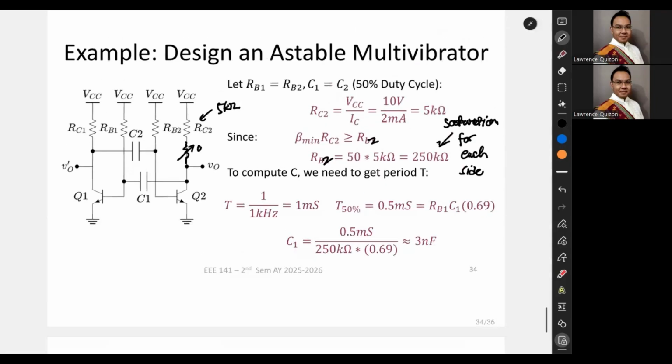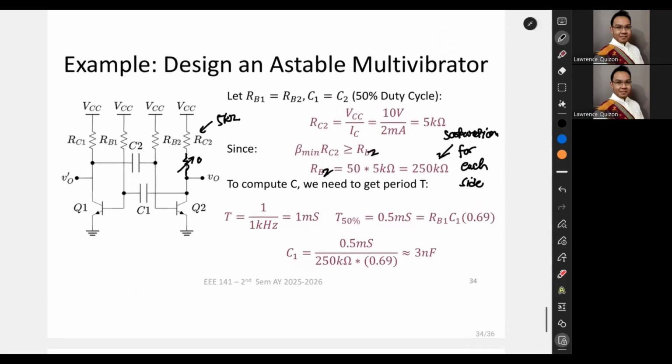Confirming, we find that half of the period is RB1C1 times 0.69. If the frequency is 1 kilohertz, then the period becomes 1 millisecond, and half of that is 500 microseconds.